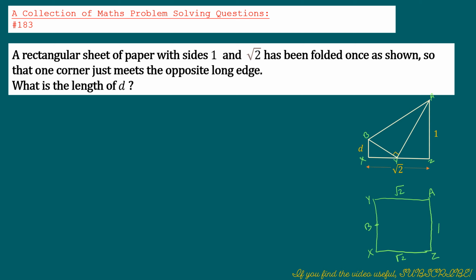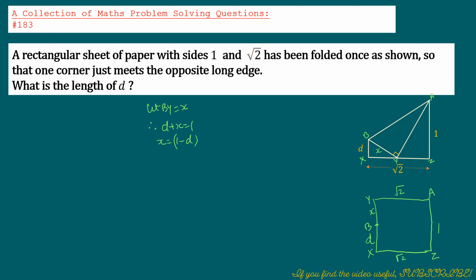AY is root 2, and this is D. So we will make an assumption that BY equals X. Then you can say that D plus X equals 1 because it's a rectangle. So X would be 1 minus D.